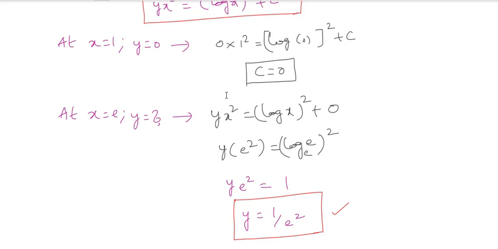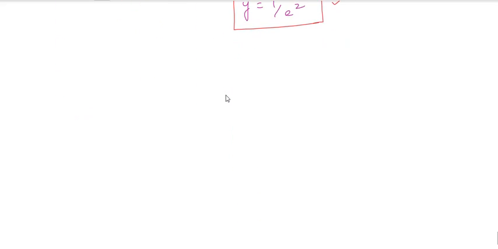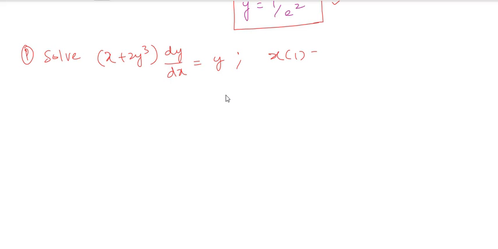So let me take one more problem. Solve (x plus 2y cube) into dy by dx is equivalent to y, where y of 1 is equal to 0. So this is another strategy. See, this is a linear equation in x.